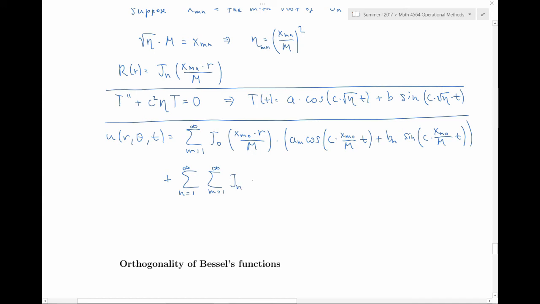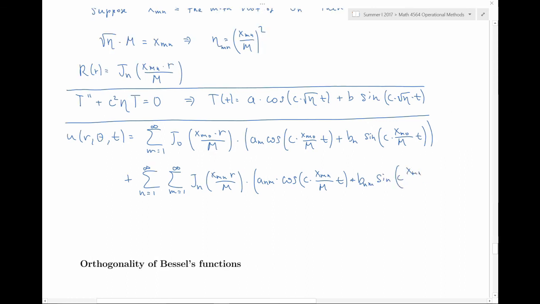We use the Bessel function J_n of x_mn r over M times the function T, which is going to have coefficient a_nm, times the cosine of c times x_mn over capital M t, plus b_nm sine of c times x_mn over M t, and all of that is multiplied by the cosine function from theta, and that was just a cosine of n theta.